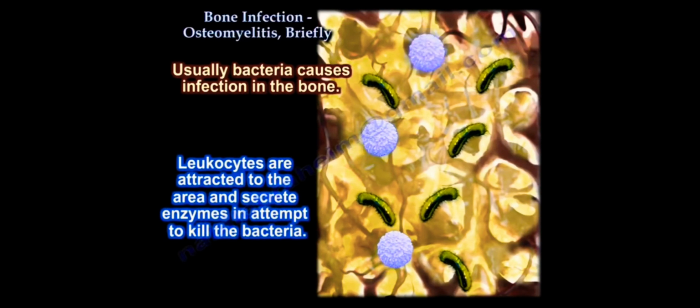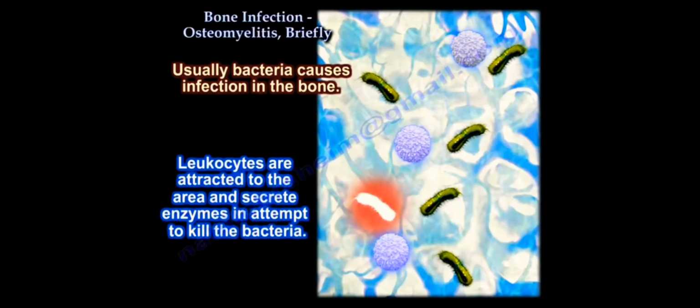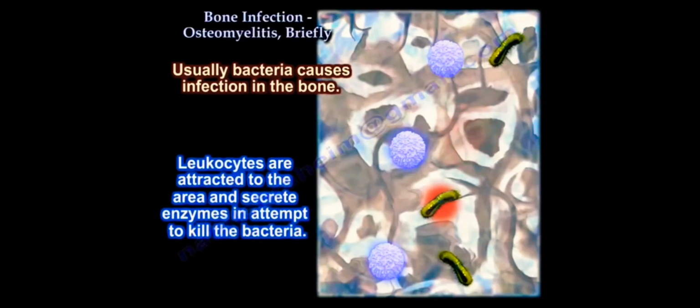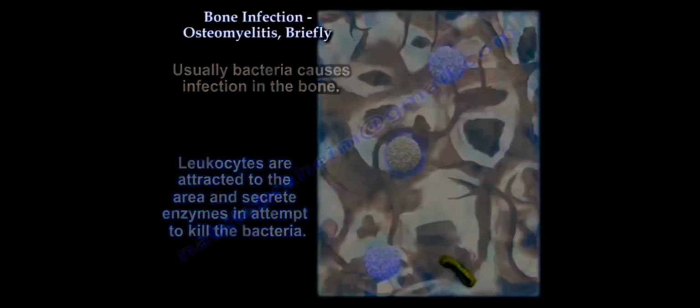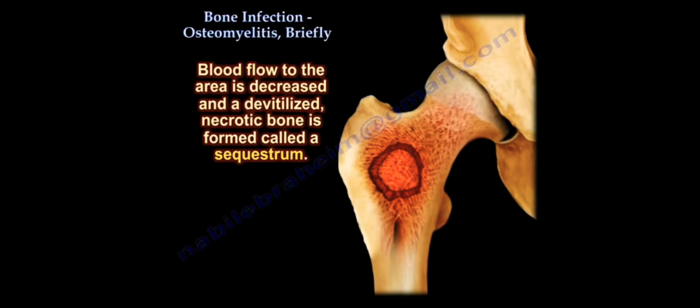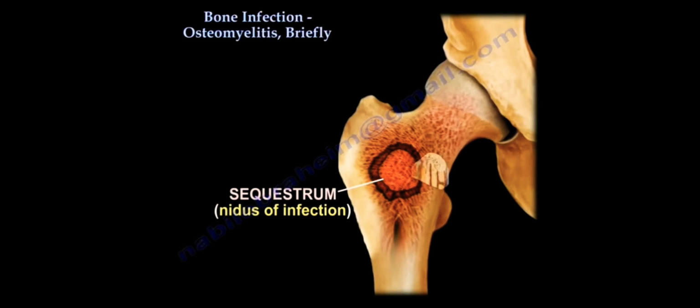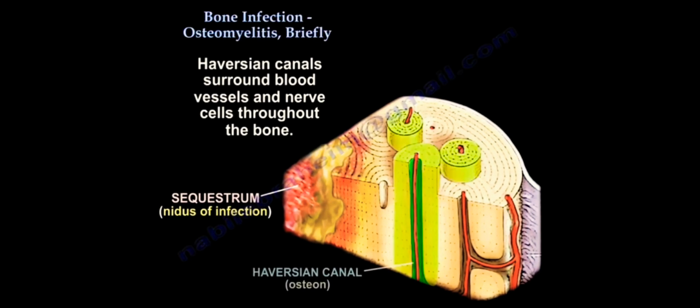This is how the bacteria attach to the collagen of the bone, and leukocytes, that is neutrophils, are attracted to the site. The blood flow is stopped because of metaphyseal vessel thrombosis, leading to a focus of necrotic bone which is called sequestrum.